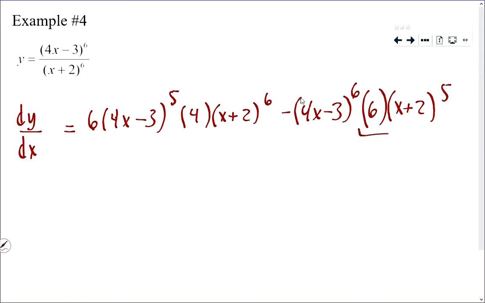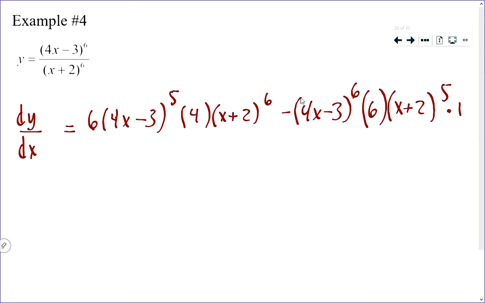Is this the derivative of the bottom? Yes, it is. We have to multiply by the derivative of what's inside, but what's inside is x plus 2, so you have to multiply by 1. This is a case of us using the chain rule, even though you're not aware you're using it.